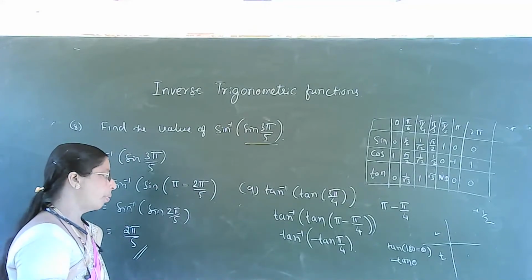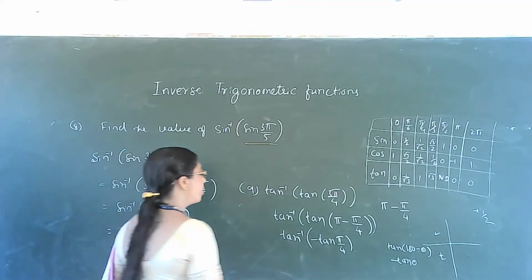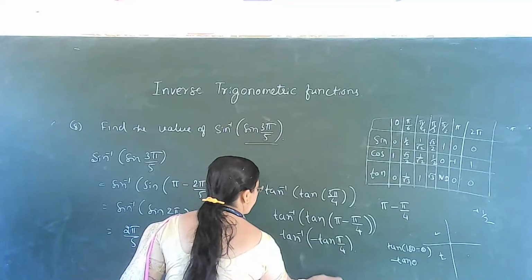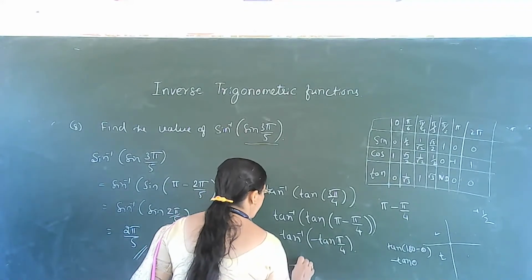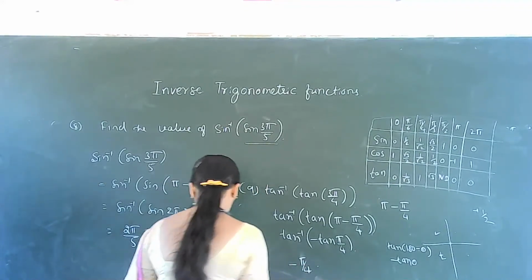Tan inverse of minus tan pi by 4 is minus pi by 4.